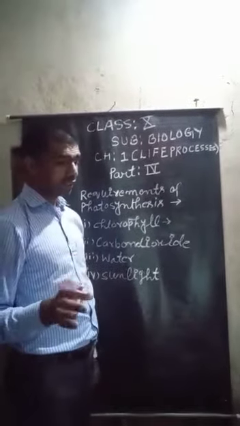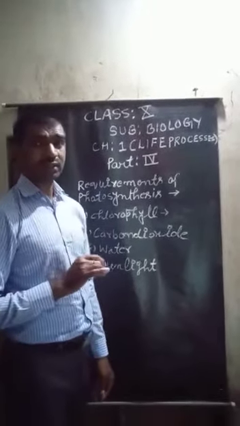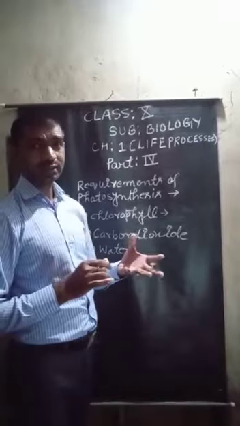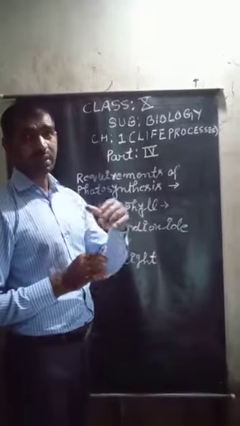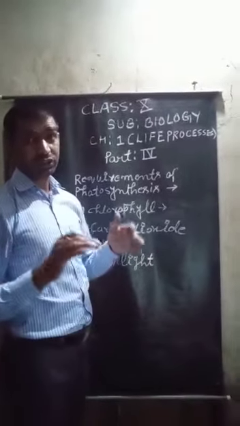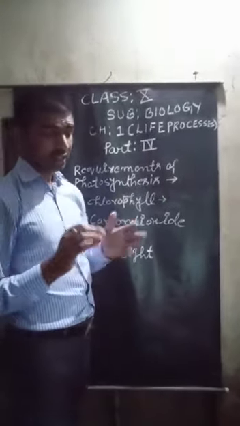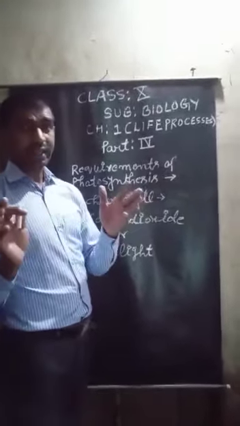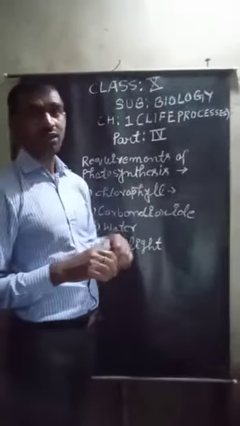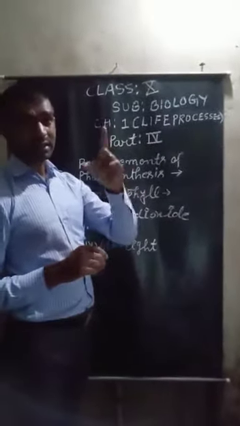Plants contain photosynthetic pigments, that means pigments which help in the process of photosynthesis, like chlorophyll and carotenoids.